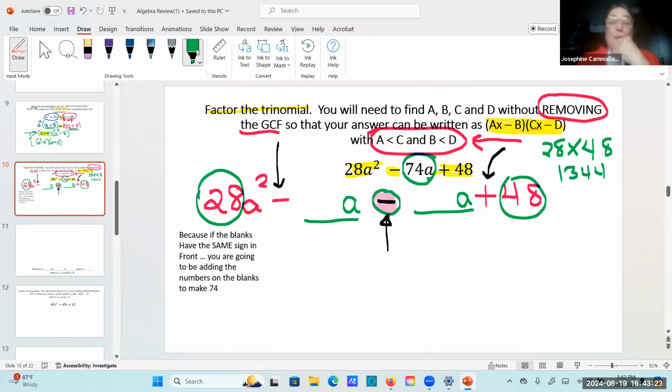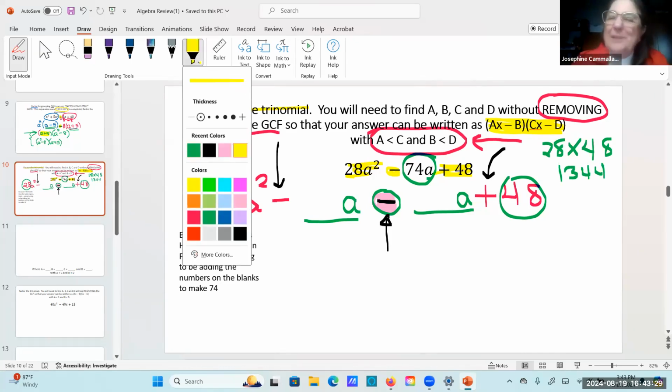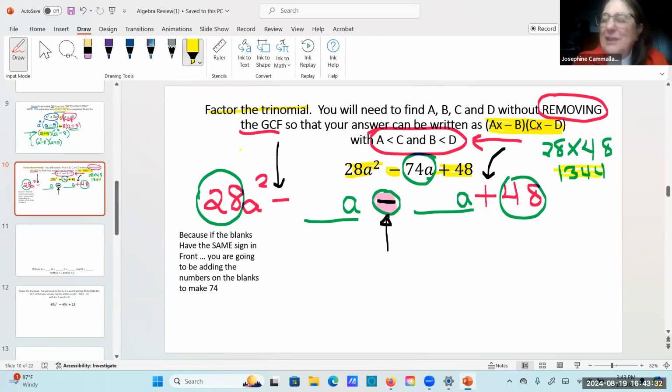Now, some people say they really don't need to multiply them together? Because they can just say, okay, if I take 28 plus 48, I get 76.